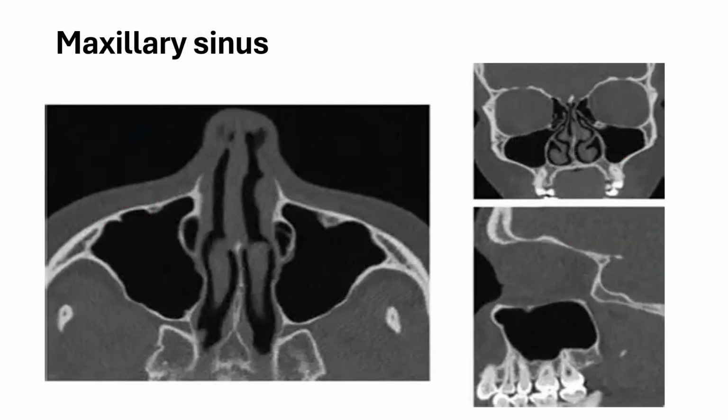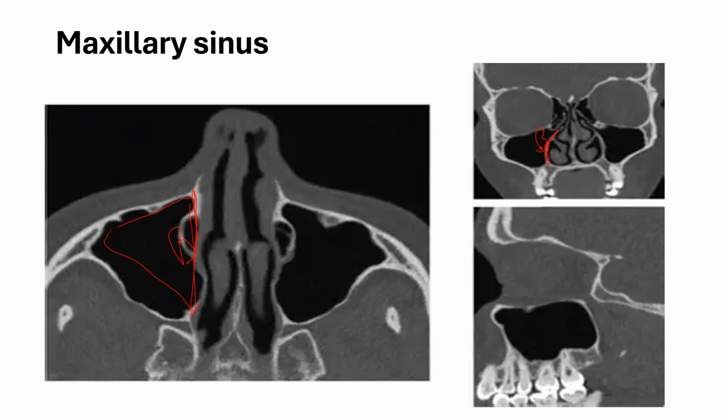Now the anatomy and boundaries of the maxillary sinus. The maxillary sinus is a pyramid shaped structure, as I said, and it has a base on the lateral border of the nose. As we can see here in the coronal image, this is the base of the maxillary sinus, on the lateral border of the nasal cavity, and the apex points towards the zygomatic process.